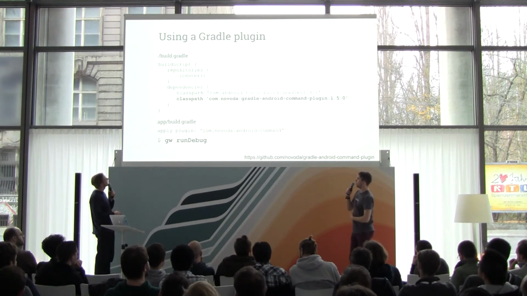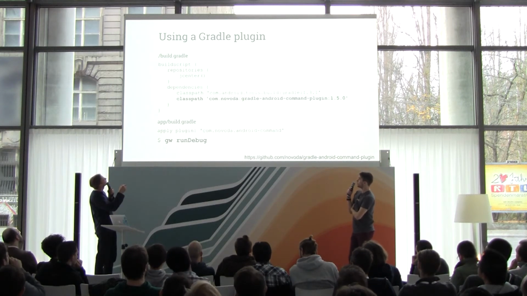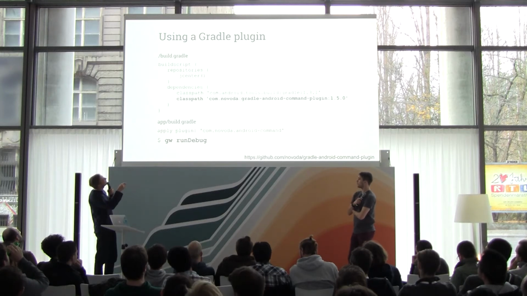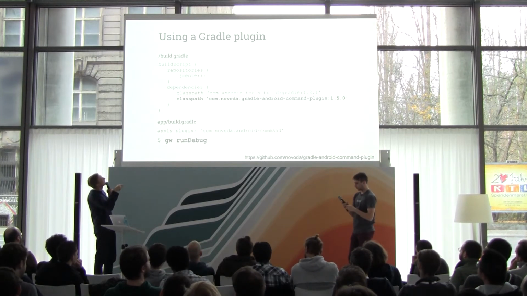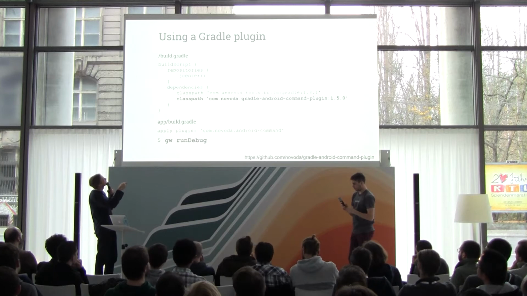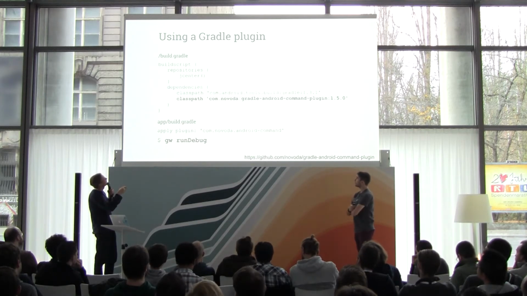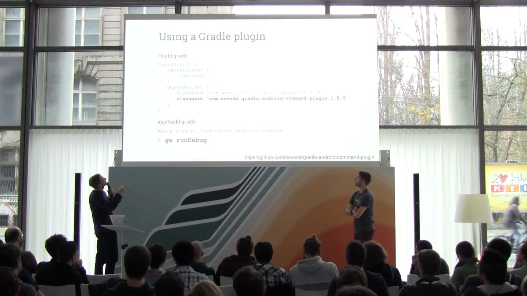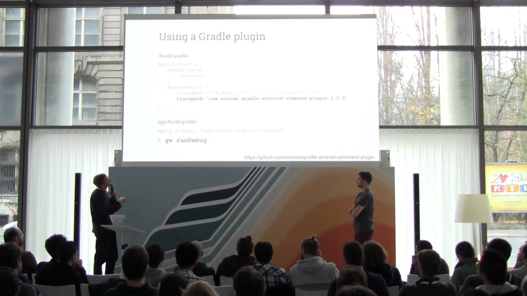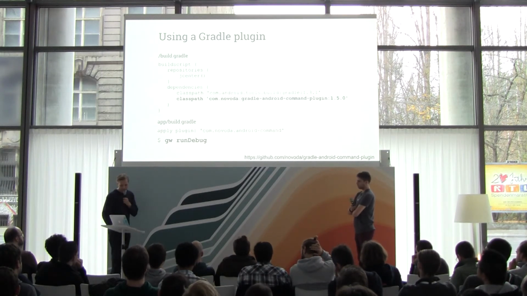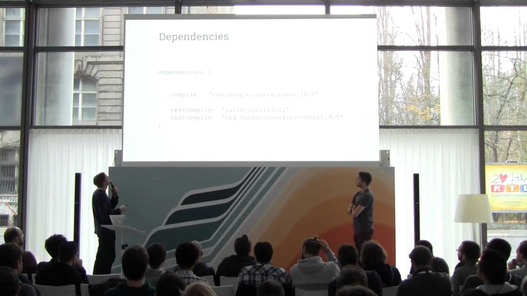So here, runDebug, for instance. Right, and what you have to do is put the build script dependency, not the dependency of your actual project, right? You put it up here in the build script, and then in your Android specific build script, you just apply the plugin. Okay, cool, problem solved.